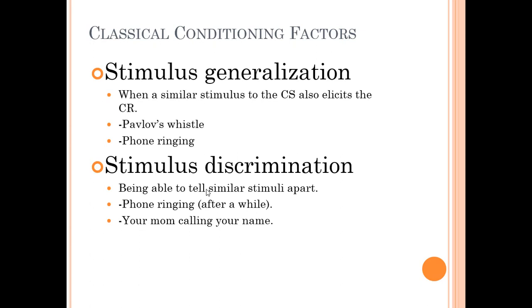And in the case of Pavlov's dogs, what Pavlov did was he conducted another experiment. Whenever he blew the whistle, he would not feed the dogs. But whenever he rang the bell, he did feed the dogs. And so what happens, the dogs learn to discriminate between the sound of the whistle and the sound of the bell.